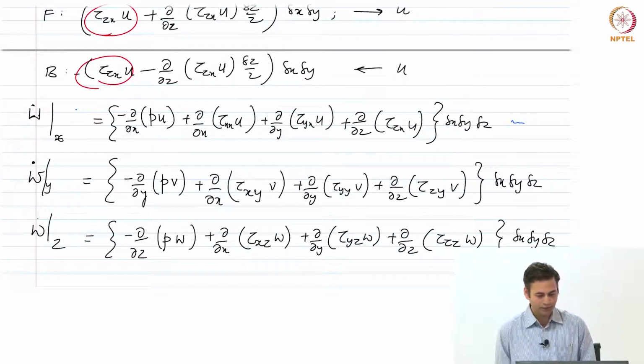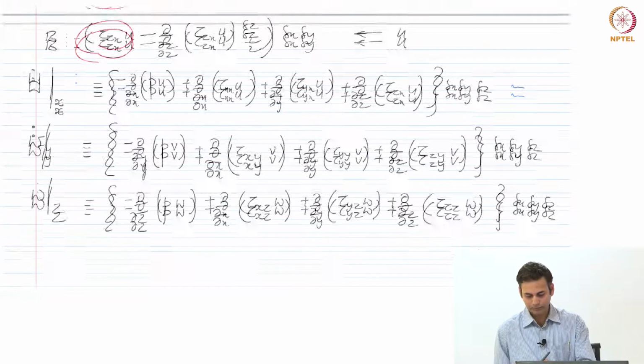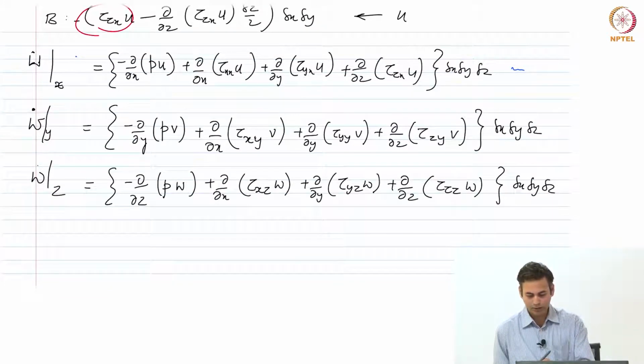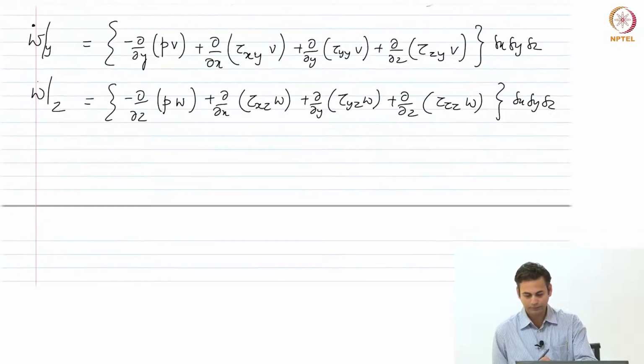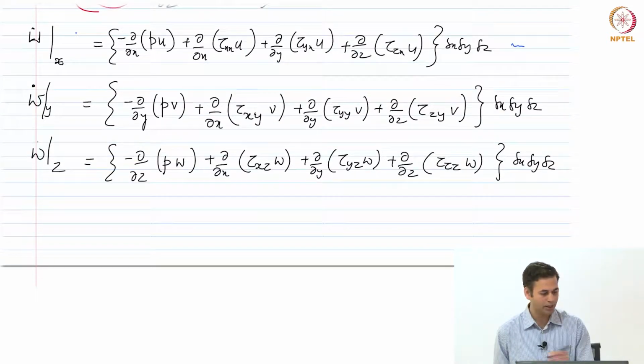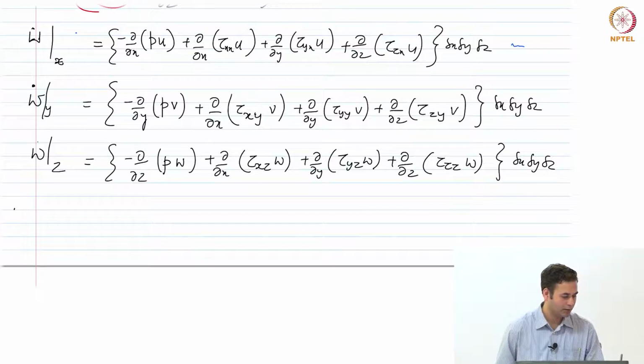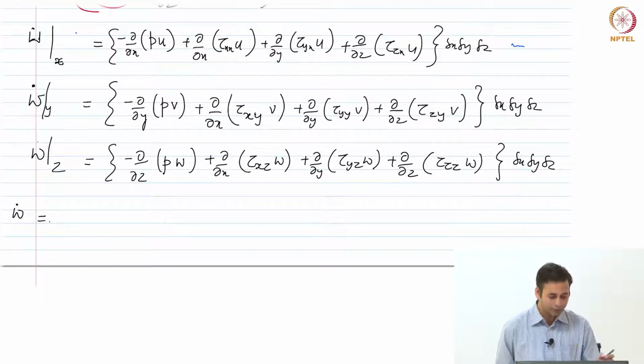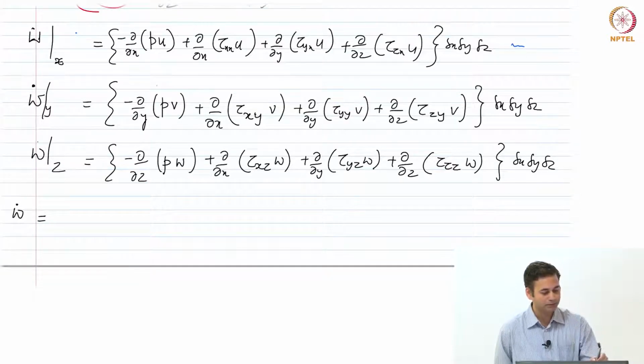Now we can club all of them into a total rate of work done term. That would be W dot, the net rate of work done because of all the surface forces. We have these three terms, partial x, partial y, partial z with pressure multiplied with u.